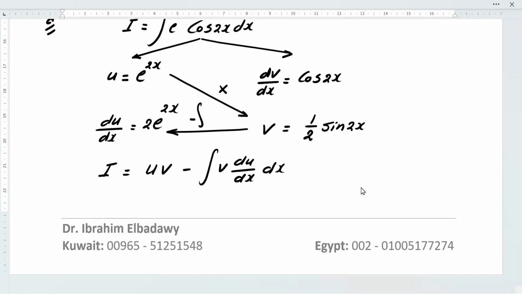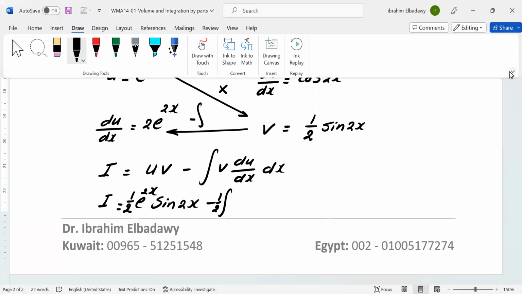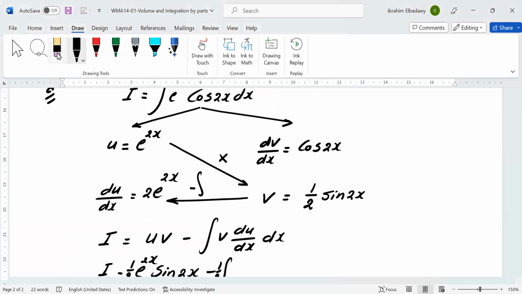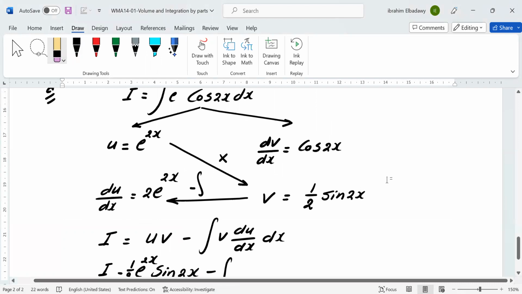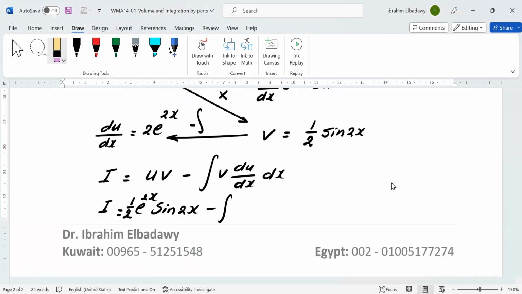Okay, so by substitution, the integral equals u, which is e power 2x, times half sine 2x, minus the integral of v, which is half. You can take half out of the integral or you can keep it inside. Let us keep it inside for now. Here half sine 2x is v, times du by dx.